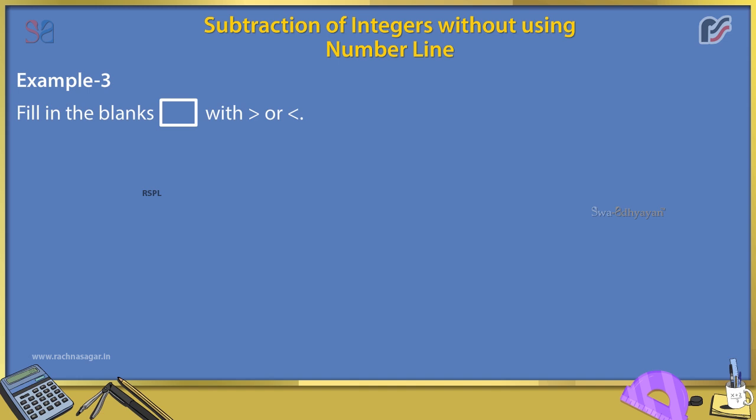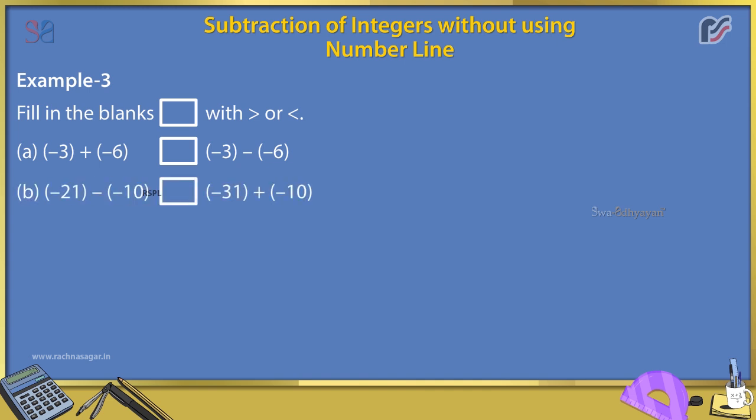Example 3. Fill in the blanks with greater than or less than. a. (−3) plus (−6) __ (−3) minus (−6). b. (−21) minus (−10) __ (−31) plus (−10). Solution: a.